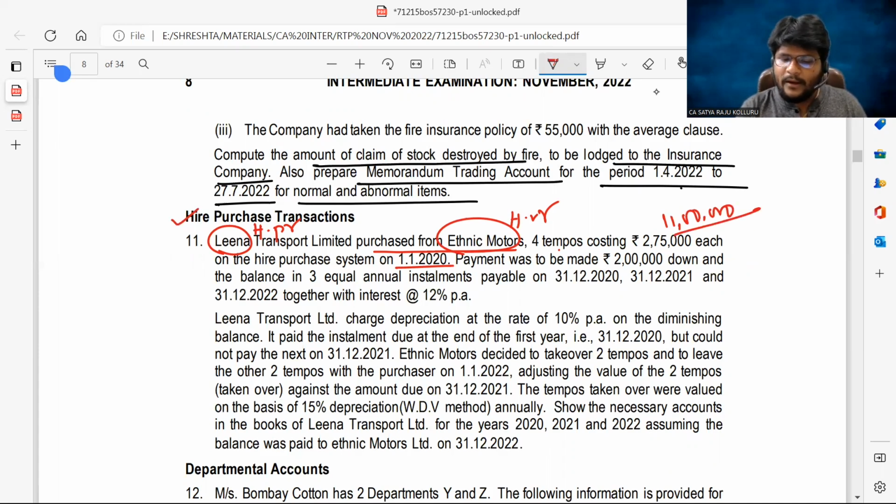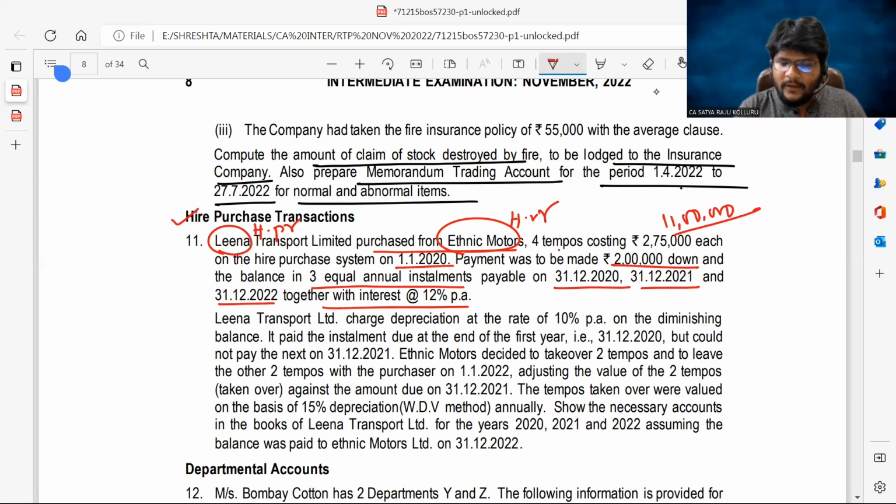Payment was to be made 2 lakhs down, and the balance in 3 equal annual installments payable on 31st December 2020, 31st December 2021, 31st December 2022, together with interest at the rate of 12% per annum.